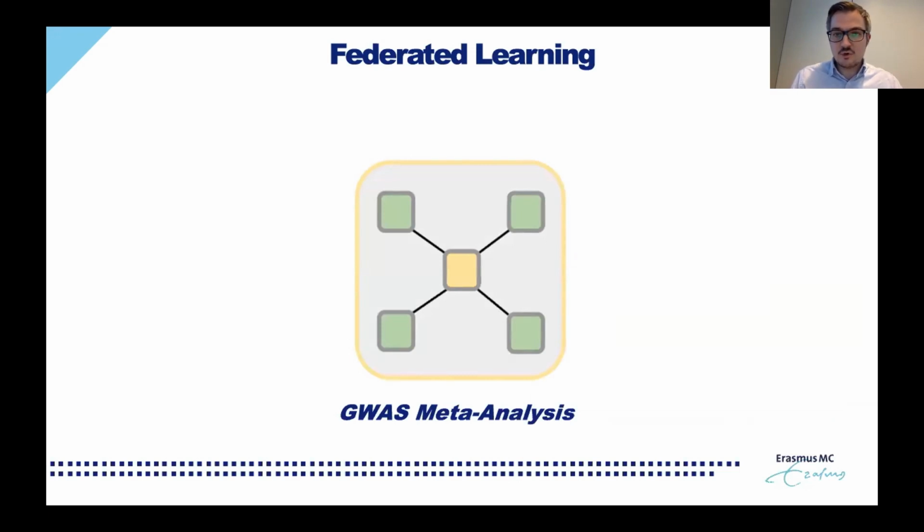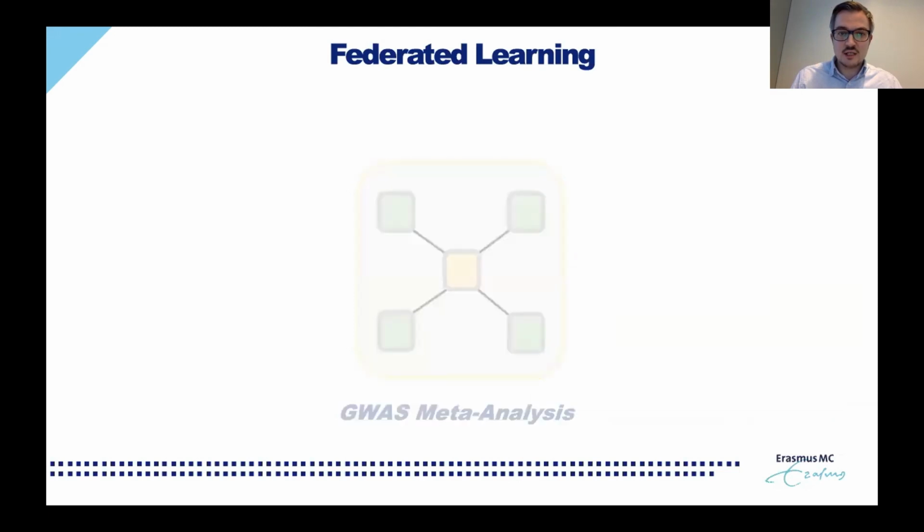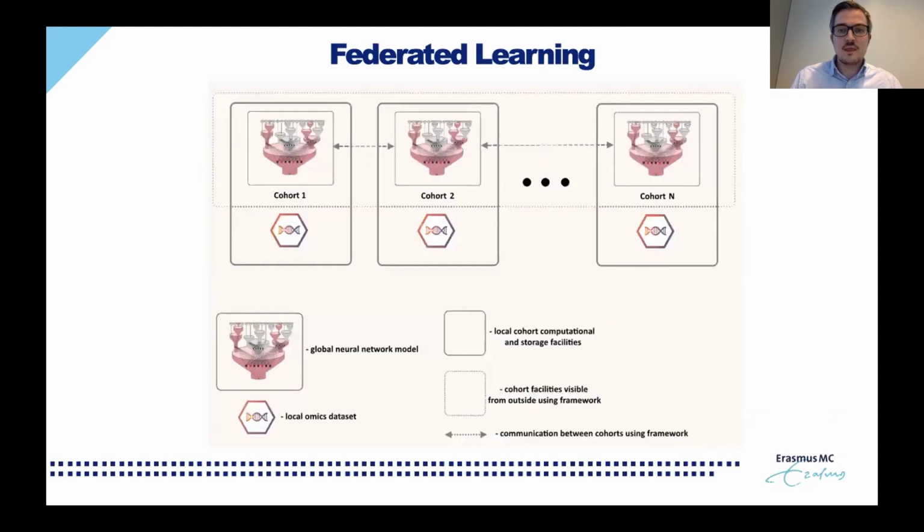But with deep learning analysis, nowadays it's possible to do the same using specific protocols and frameworks, where the network I showed you before will be run in the local cohort, but the data will not be shared. Only some parameters will be shared over the network, and then the results will represent basically a pooled analysis without sharing the raw data.